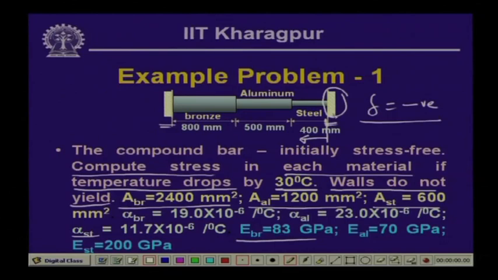Now, we will apply a force P to pull this bar and bring it to this particular position, and thereby there will be stresses.